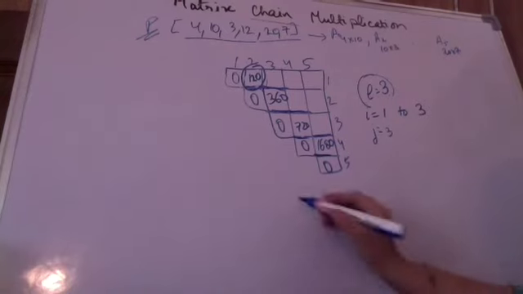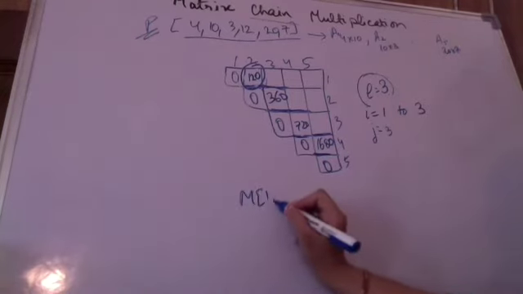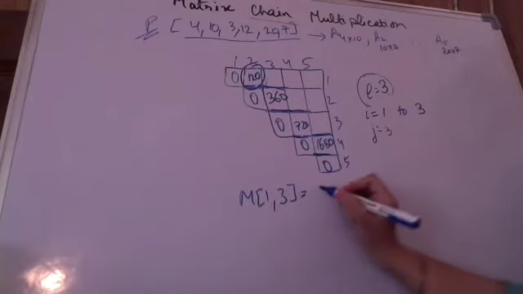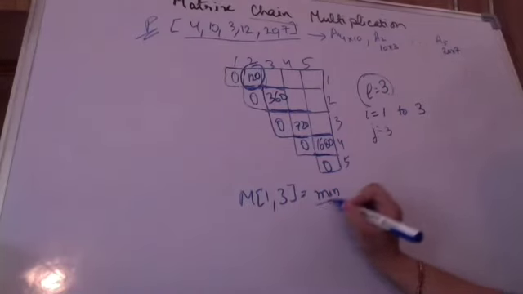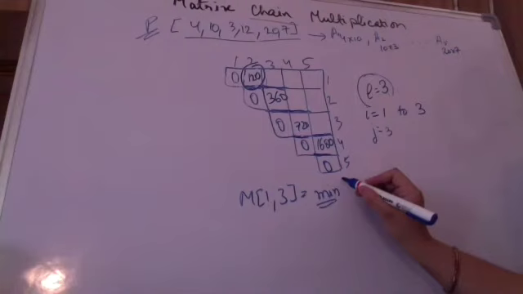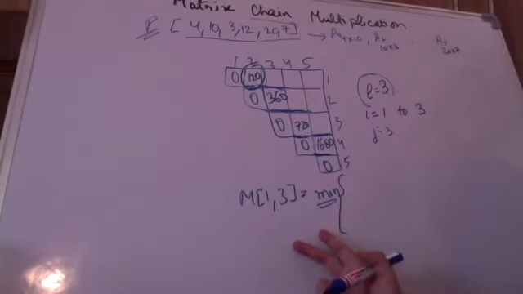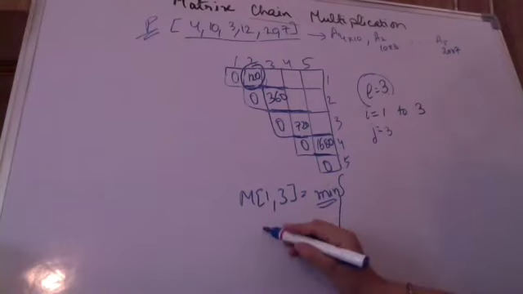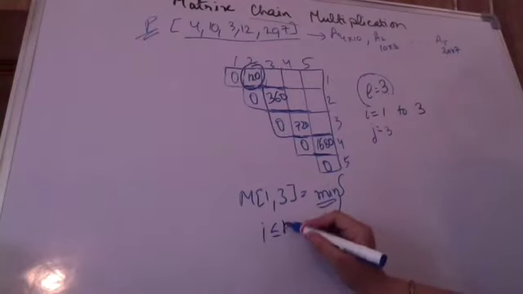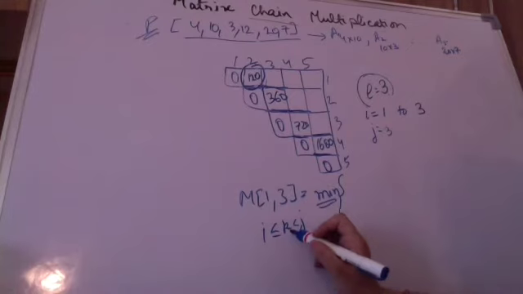How will I calculate? Giving you one example, M1 to 3 will be minimum of what? The loop for k will run 2 times; only 2 values of k are possible. Between 1 and 3, what values of k are possible? I is less than or equal to k is less than j, so k is possible as 1 and 2, only 2 values.